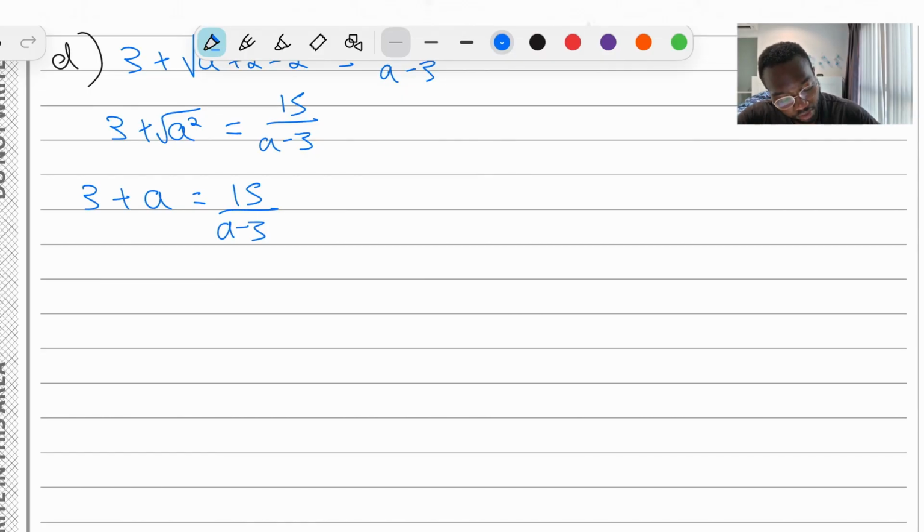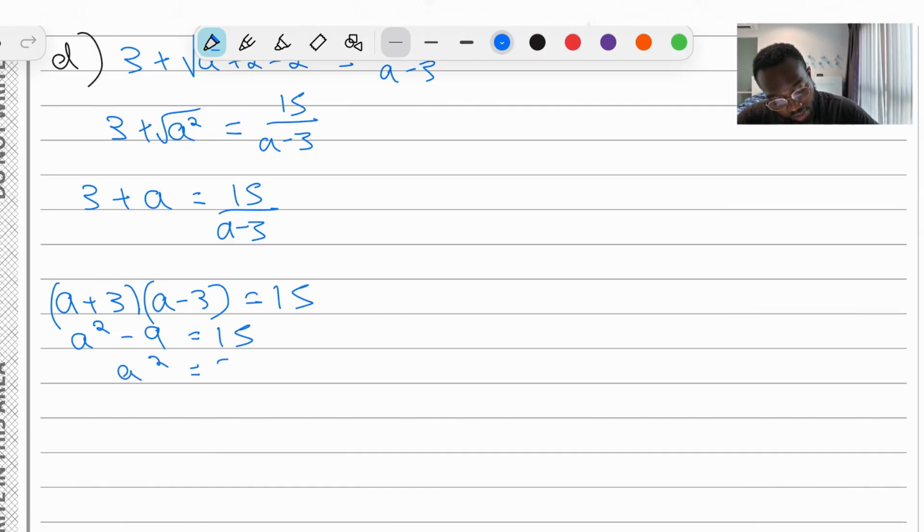So if we do that, we get a plus 3 times a minus 3, and that's equal to 15. If we work this out, this is the difference of two squares, so we get a squared minus 9 is equal to 15. Then we get a squared is equal to 24, and therefore a is equal to plus or minus the square root of 24.